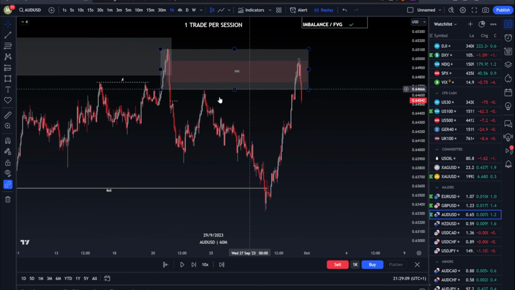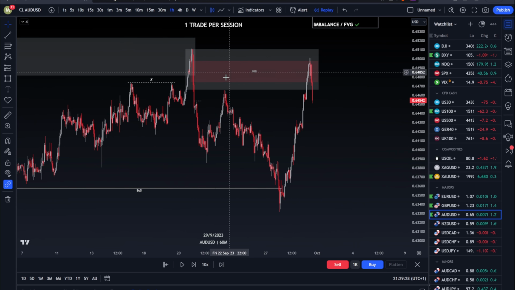And when it comes back and takes out this high, that's another confluence for us, like that it took stop losses over here. And like I explained in another video, when it takes stop losses, it takes fuel to move the price further into the preferred higher time frame direction. So this is also basically a trap.